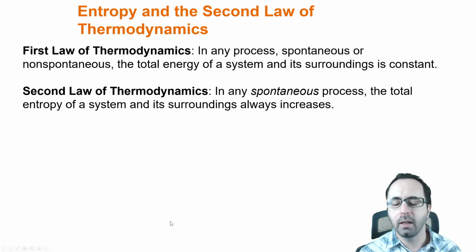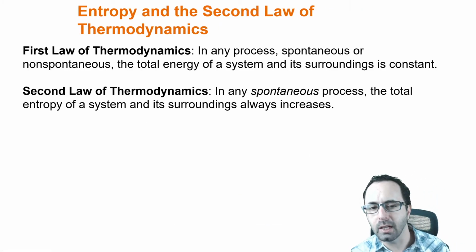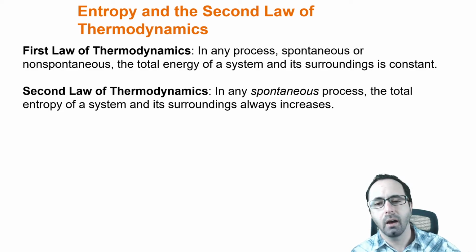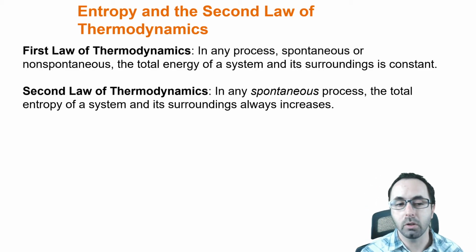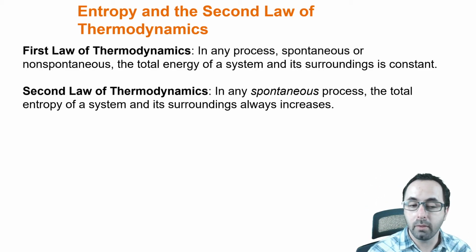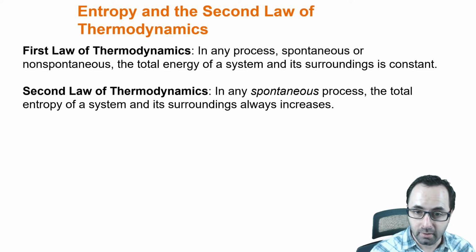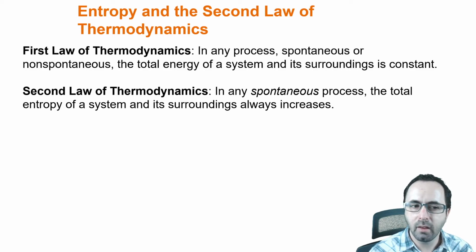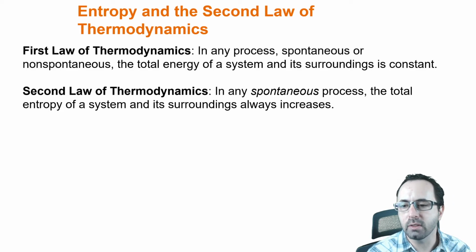So we already covered the third law of thermodynamics. That was that zero entropy means a perfect solid at 0 Kelvin temperature. Let's talk about the 2 remaining laws of thermodynamics. In any process, whether it's spontaneous or non-spontaneous, the total energy of a system and its surroundings is constant.